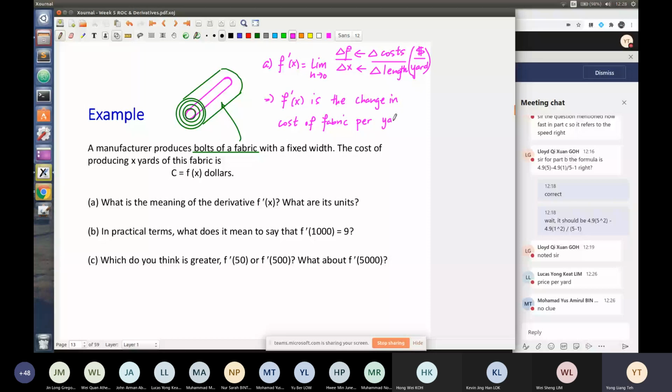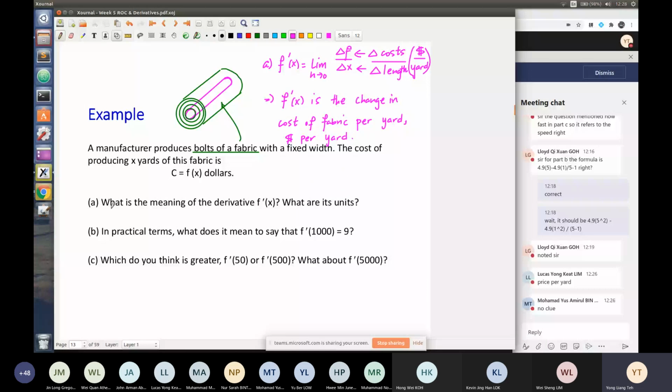Okay, so therefore this is actually dollar per yard. Okay, let me write on the next line. Okay, so the units is dollar per yard. Or you can write dollar per yard also okay. Okay, so it's right here. So that's for part A.